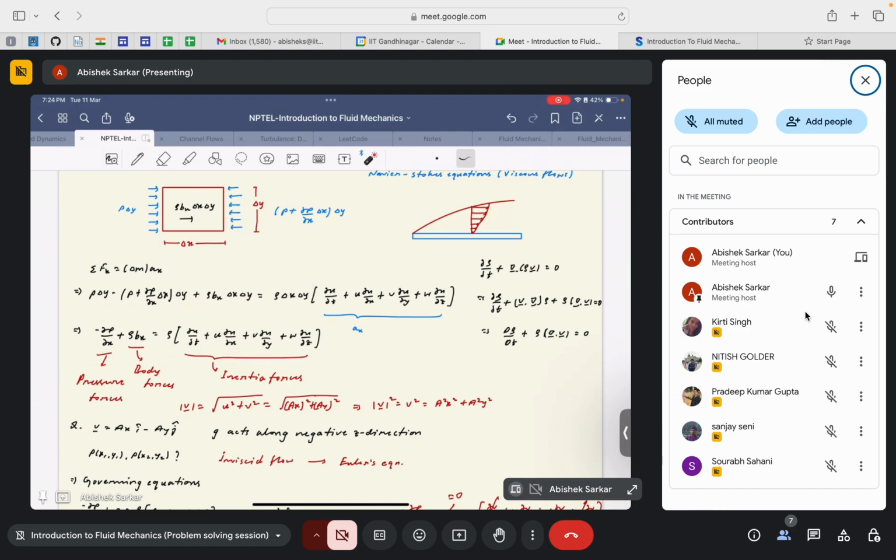So these two will drive the force, and this term is usually known. So the only thing that you need to find is the pressure force term, because it is in terms of the pressure gradient. So you need to find it.